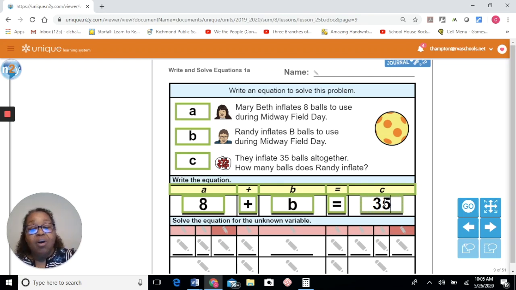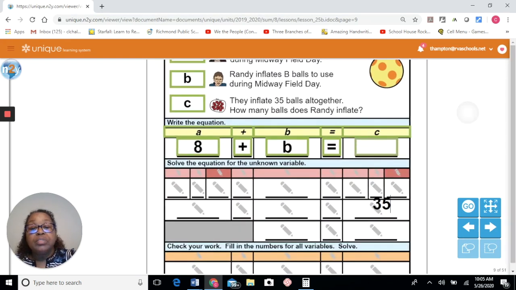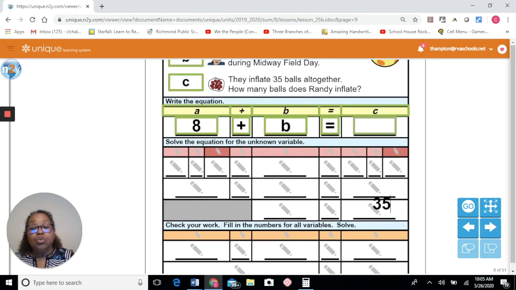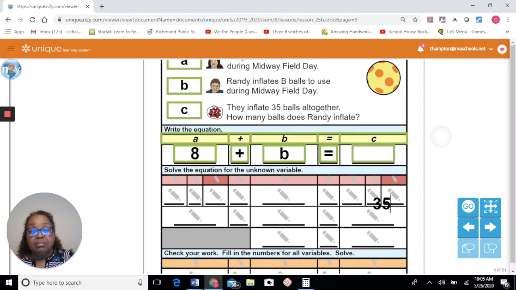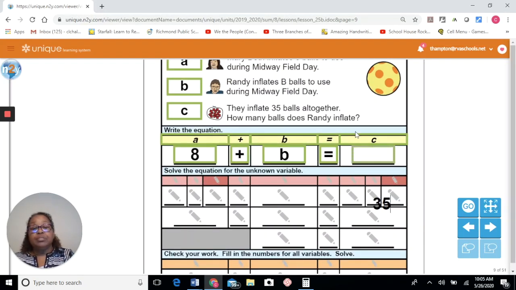We have to solve. And what are we solving for? We're solving for B. We don't know what B is. Okay? We know that C is 35. We know that A is 8. So let's write our equation. Of course, if we want to solve, this is the rule.